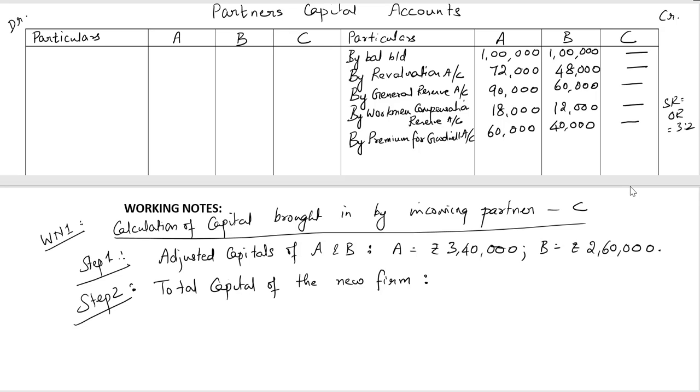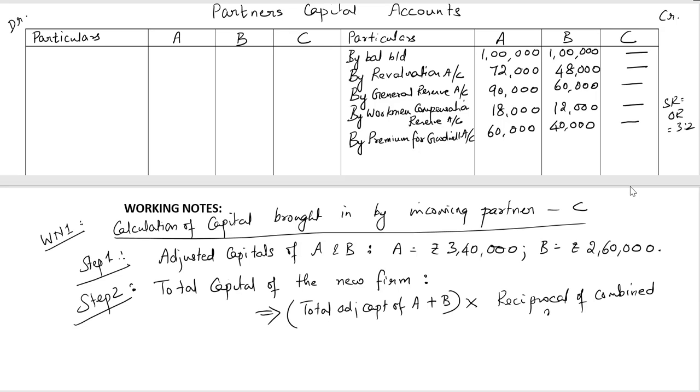For this, we need to apply the formula: total adjusted capitals of existing partners A and B, multiplied with the reciprocal of the combined new share of A and B.